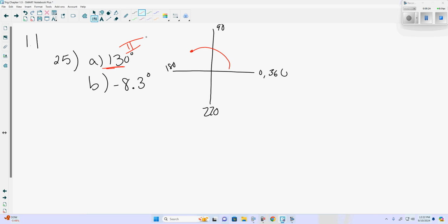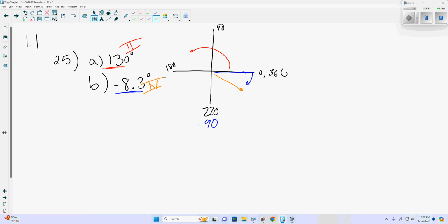Positive degrees, we go counterclockwise. So if we go negative 8.3 degrees, it means we're starting at the positive x-axis and going clockwise 8.3 degrees. Well, going in this direction, 270 is actually negative 90. And going that way.